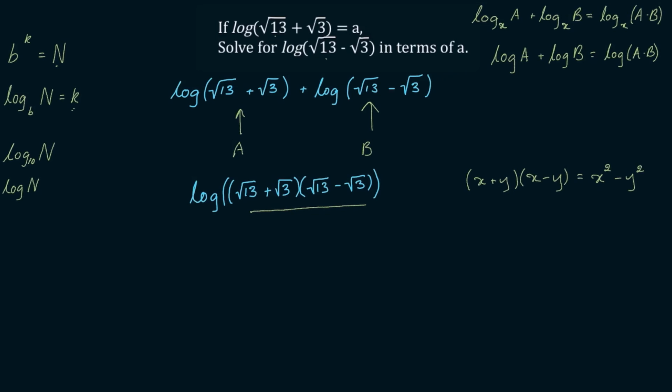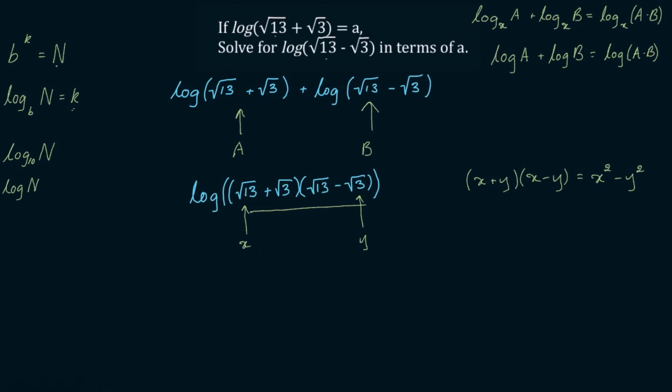Now we can use this formula and substitute in the values of x and y as the square root of 13 and the square root of 3. So we'll use the square root of 13 as our x and the square root of 3 as our y.